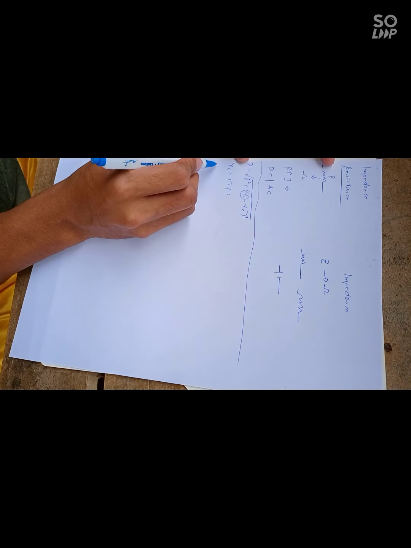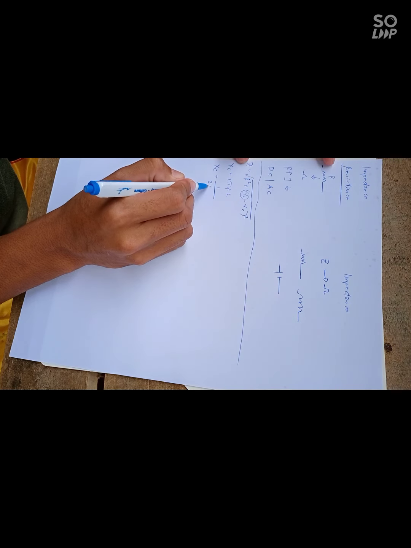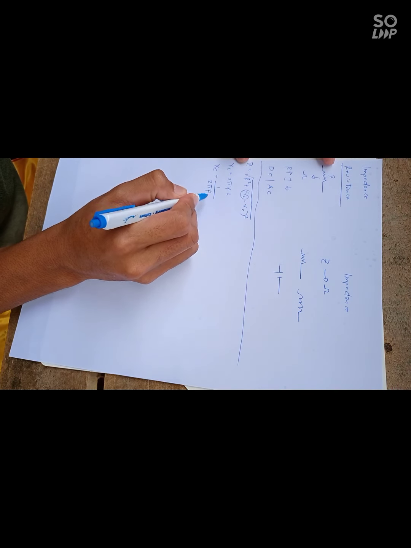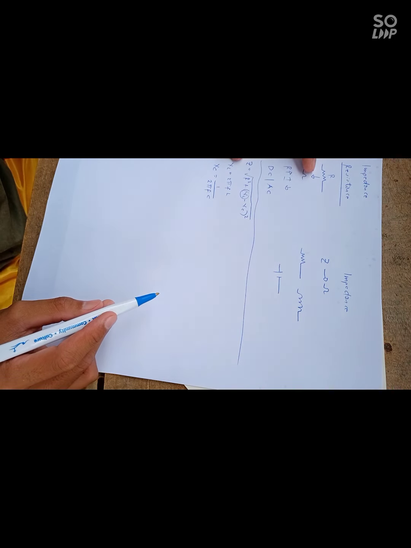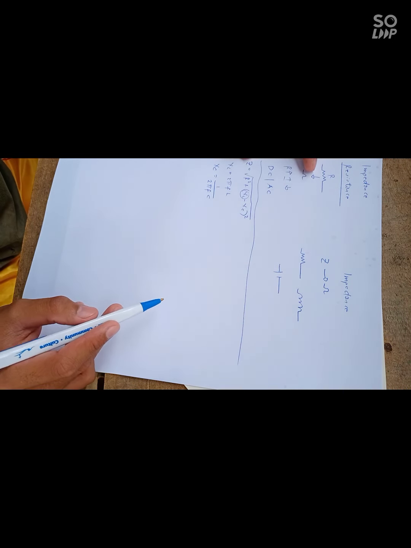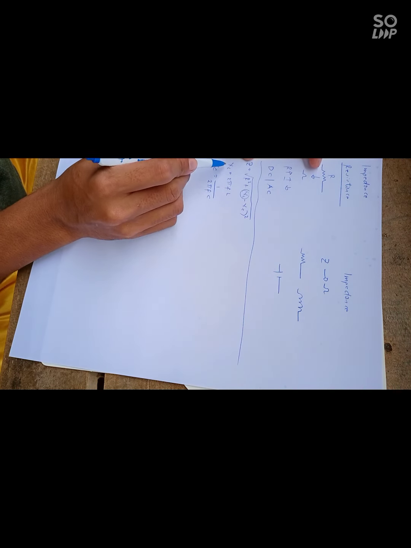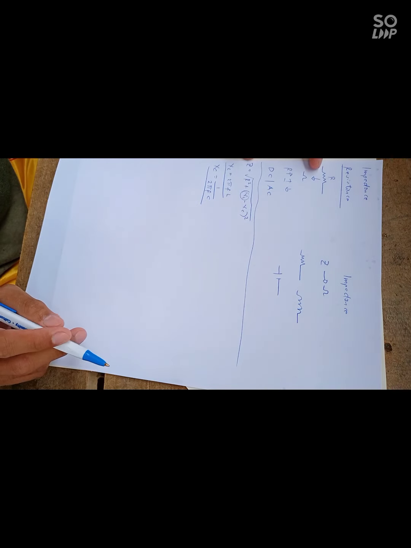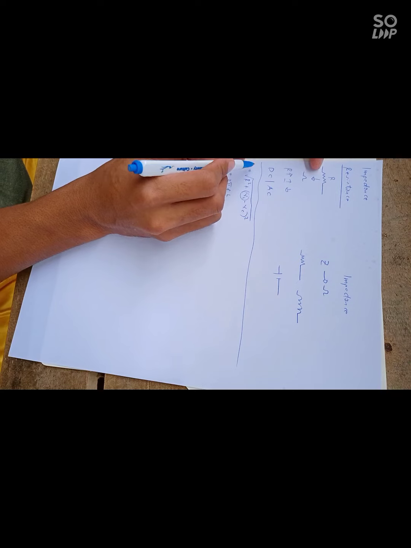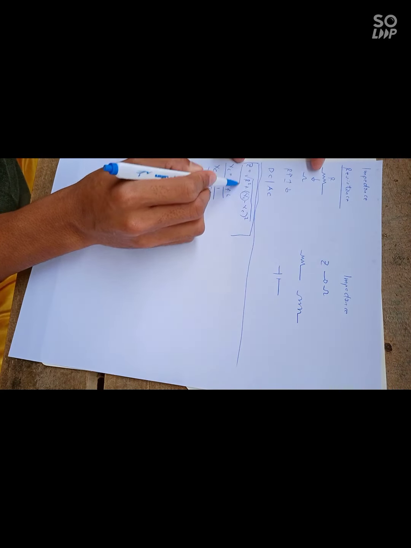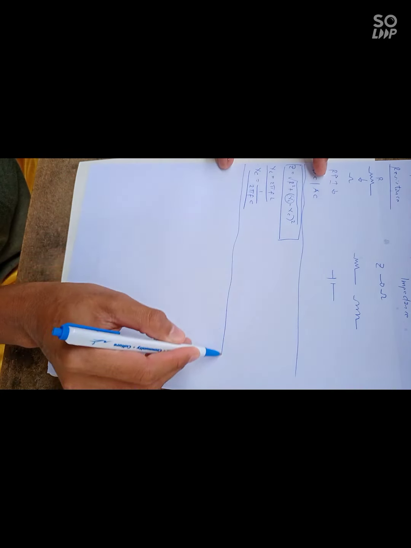Then the capacitive reactance is 1 over 2 pi times frequency times capacitance. Then we know the formula of the inductive reactance and the capacitive reactance, and the formula of impedance is this. Let's go to an example.